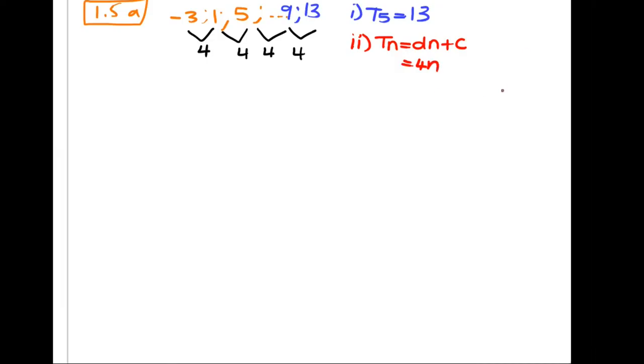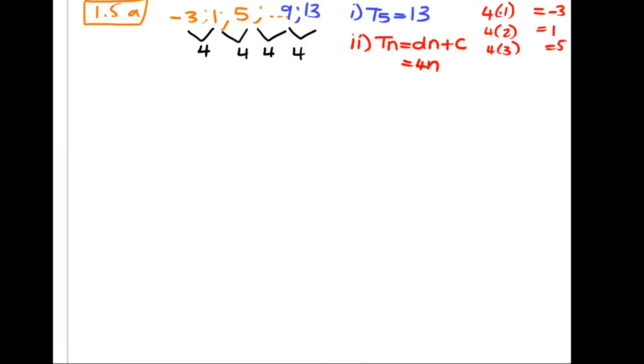So you say to yourself, okay, if I said 4 times 1, I want my first term to have an answer of -3. If I say 4 times 2, my second term should have an answer of 1. And if I said 4 times 3, my third term should have an answer of 5. So what would we do?